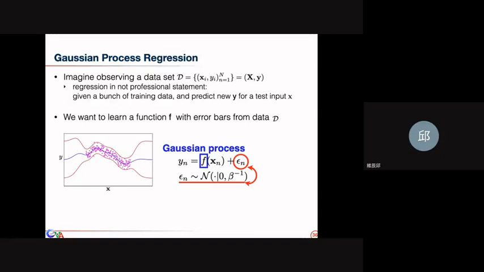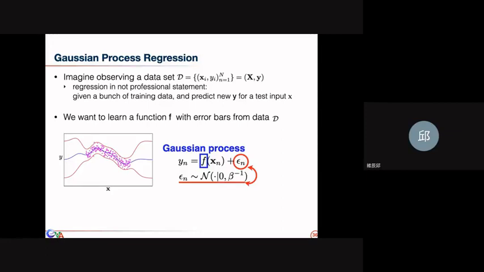So that means we want to learn a function f with error bars, so you have some noise from your data. Because in your training data, you have the x and y, right? I would like to use my x and y, this is my training data, to learn a function f that is able to perform the regression.